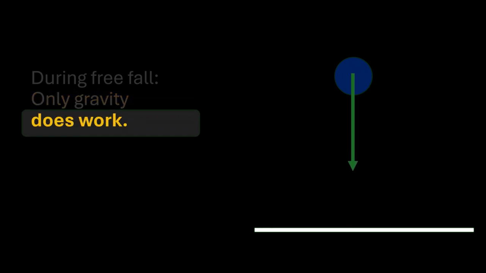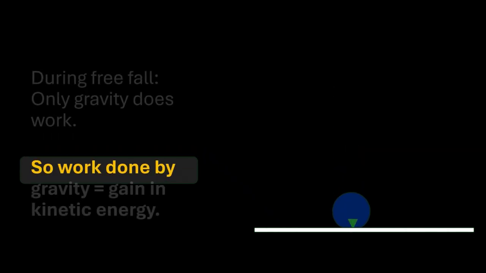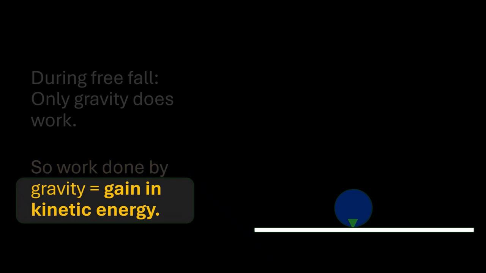During the downward motion, the free fall means that the only force acting on this body is gravity. So gravity is the only force doing any work here. There are no other forces involved, say drag, air friction or any wind.